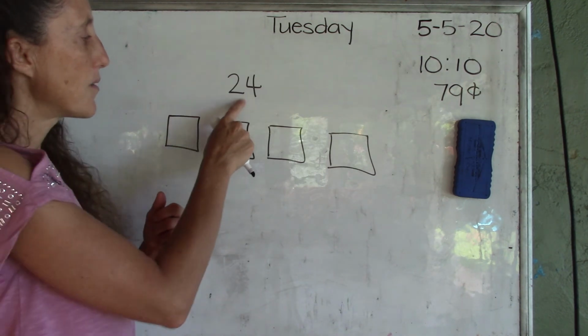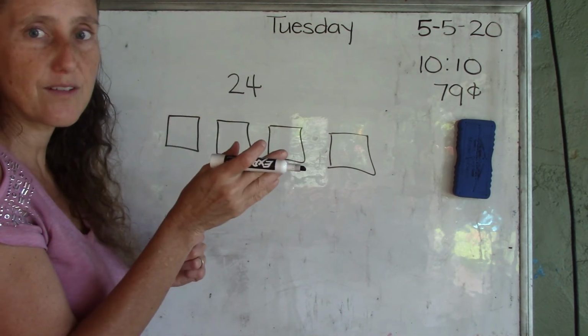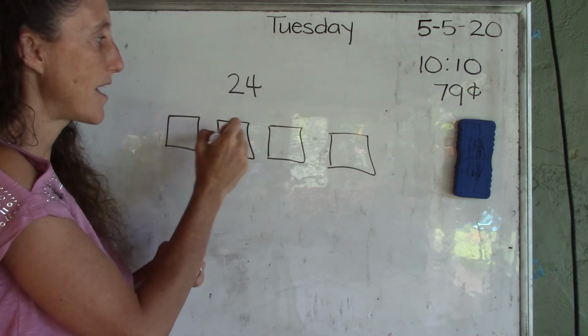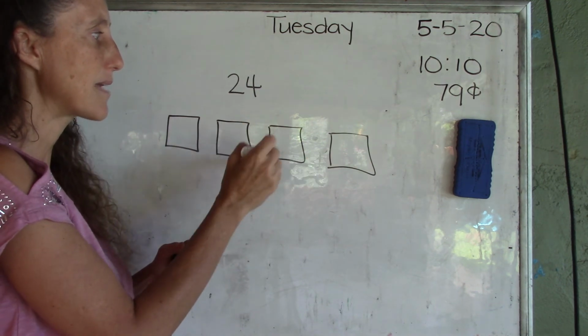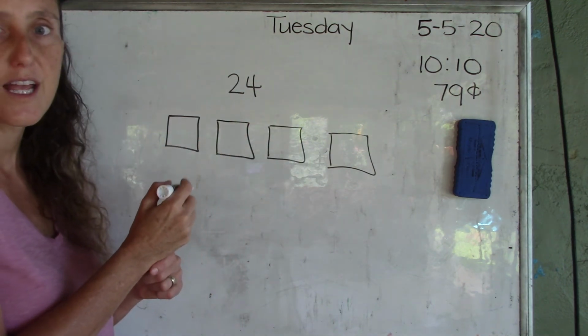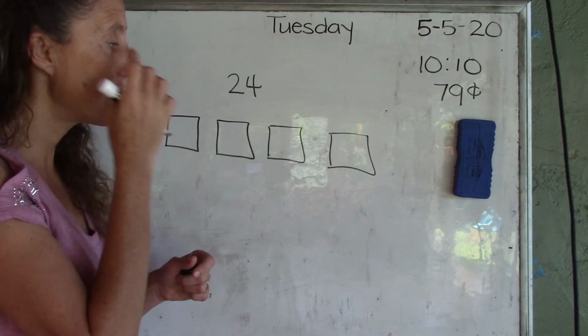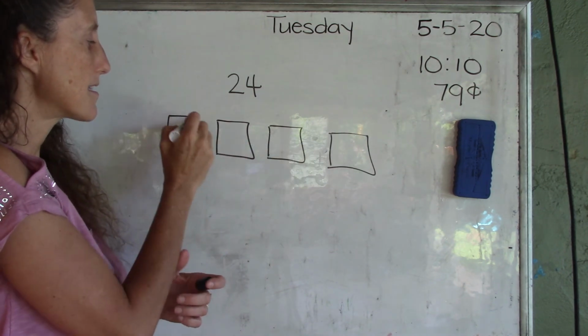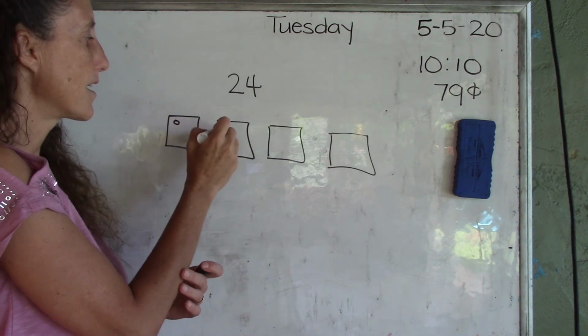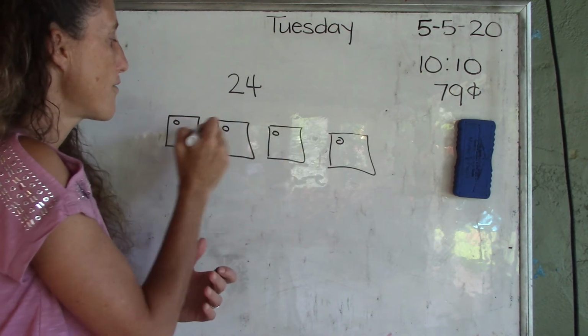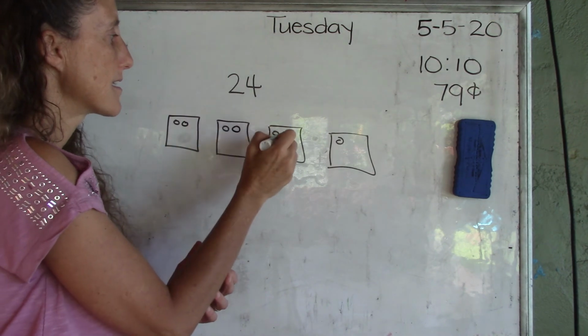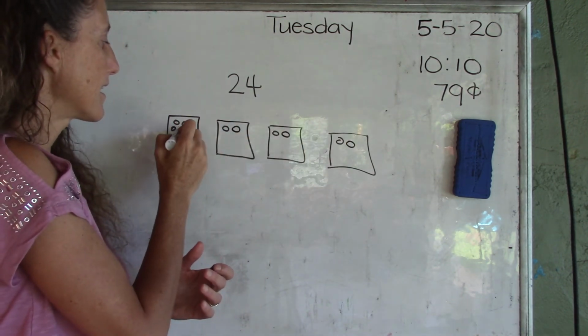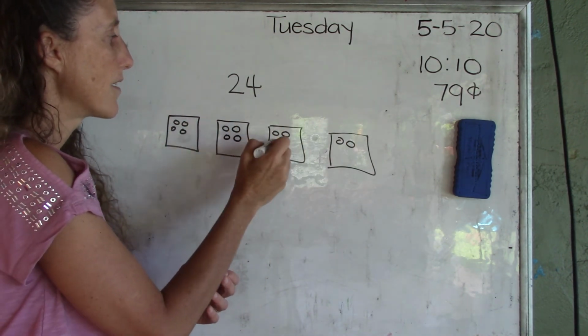So 24, this is one way you can do it. You can do 24 divided by 4, or how many times does 4 go into 24? And if that's a little difficult for you, you can do this. You can start adding the peanuts to the napkins until you get to 24. 1, 2, 3, 4, 5, 6, 7, 8, 9, 10, 11, 12, 13.